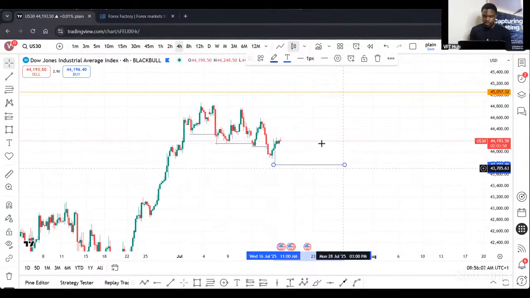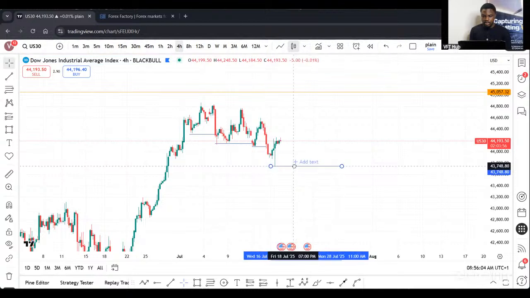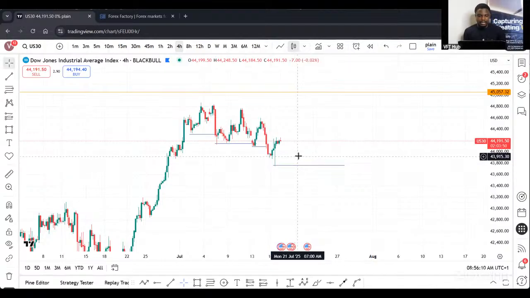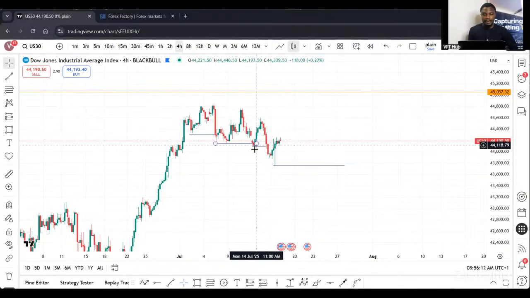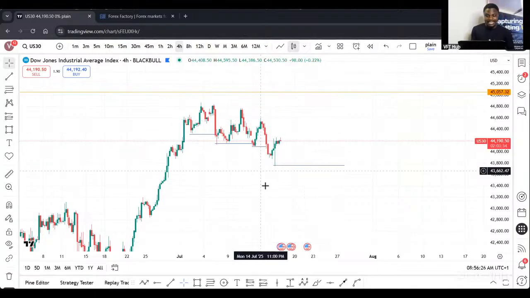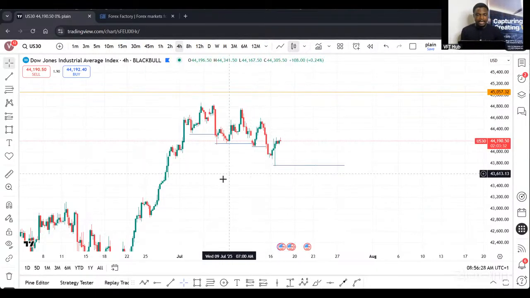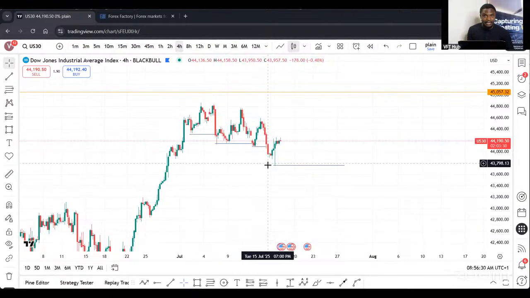We might as well begin to reconsider our buy bias, right? Because if price continues to create lows, there's no point looking for buys in this market. Either you change your bias and start looking for sales, or you wait until structure corrects again, and then we start seeing higher highs to the upside.